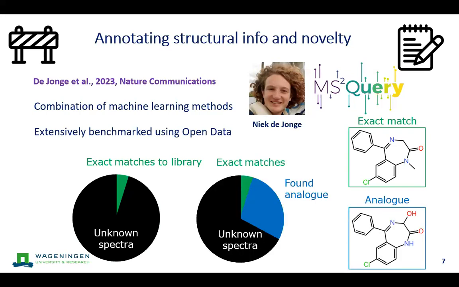And basically, the idea is that instead of only using the small part of matches you typically find in the library, we open up more of that information by also looking for analogs, using machine learning based algorithms, since it's much faster than the traditional approaches, and also gives a complementary view. An analog can be a molecule that is structurally quite similar, but is different in a few places.